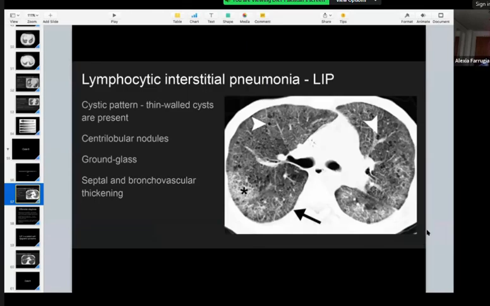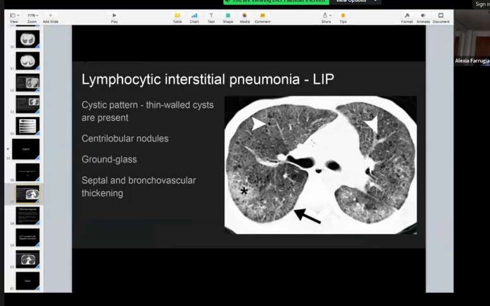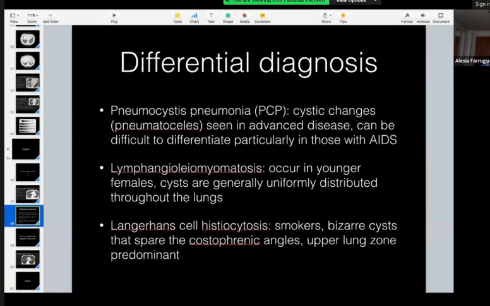this was my slide: LIP, cystic pattern predominant, thin wall cysts, centrilobular nodules, and ground glass. The differential: PCP pneumonia in immunosuppressed patients, where they get cystic changes or pneumatoceles in advanced disease. LAM in young females, but there's uniform distribution of the cysts.